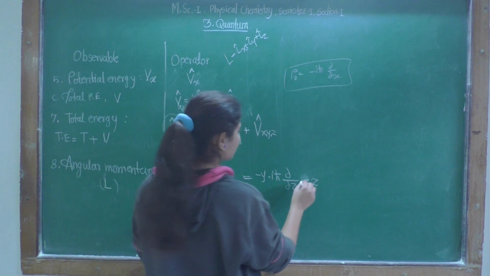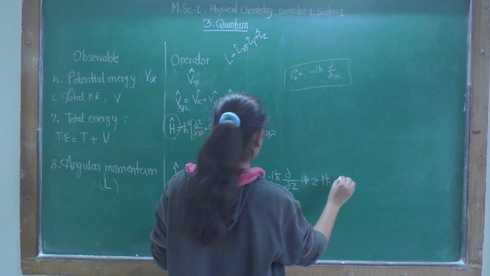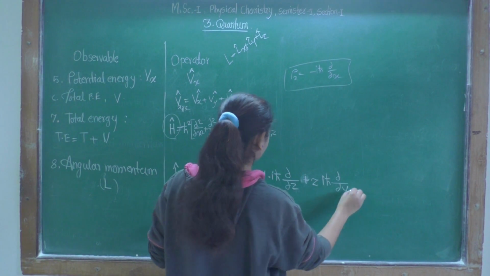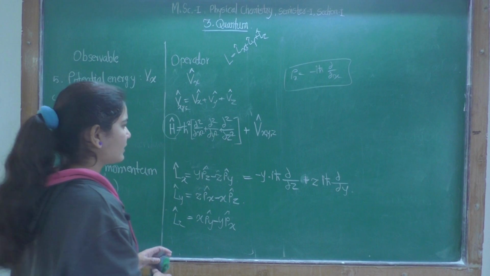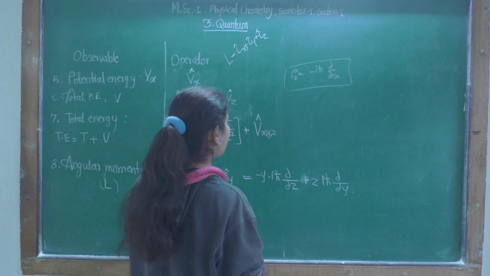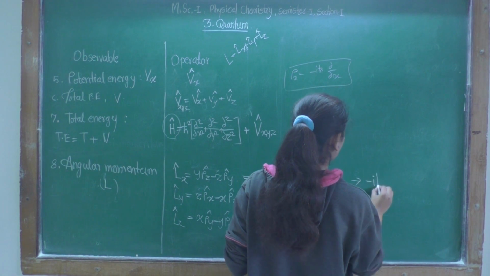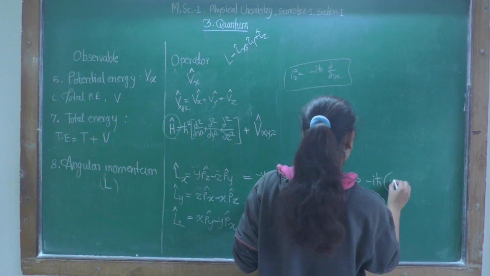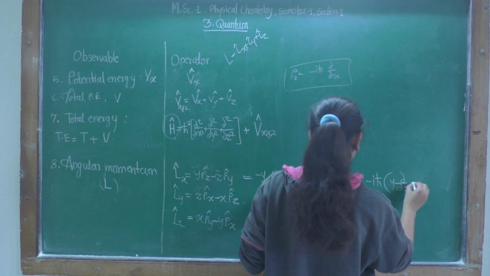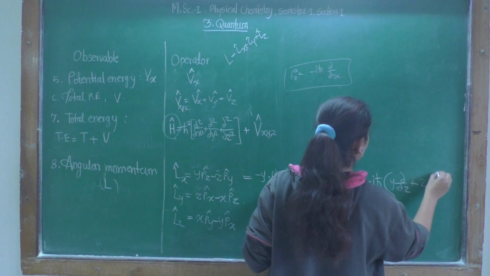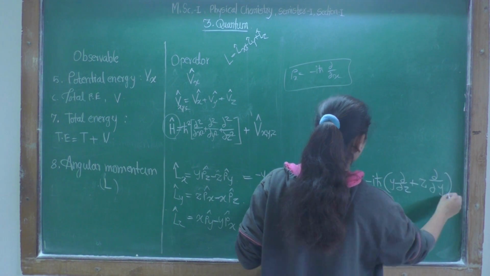What is py? Minus iħ ∂/∂y, right? We will get minus iħ y ∂/∂z plus iħ z ∂/∂y, and otherwise we can take minus iħ common and write y ∂/∂z minus z ∂/∂y.